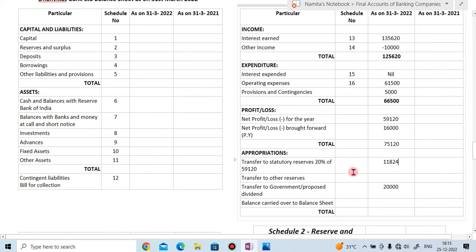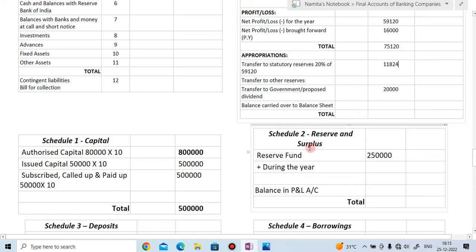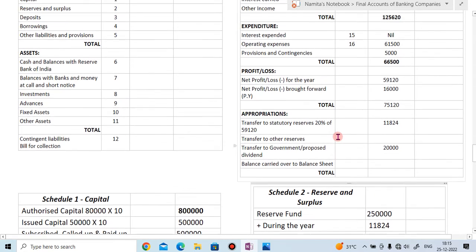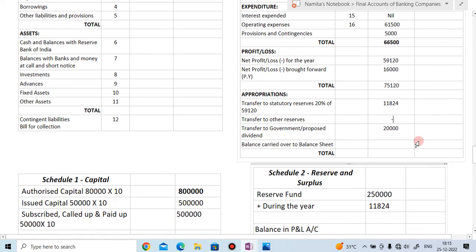Now this profit we have to transfer to the reserves and surplus in schedule number 2. So 11,824 we have to transfer. Now there are no other reserves, right? There are no other reserves, then interim dividend we have transferred. Now next is what? Add. Now we have to transfer some profit to the balance sheet also.